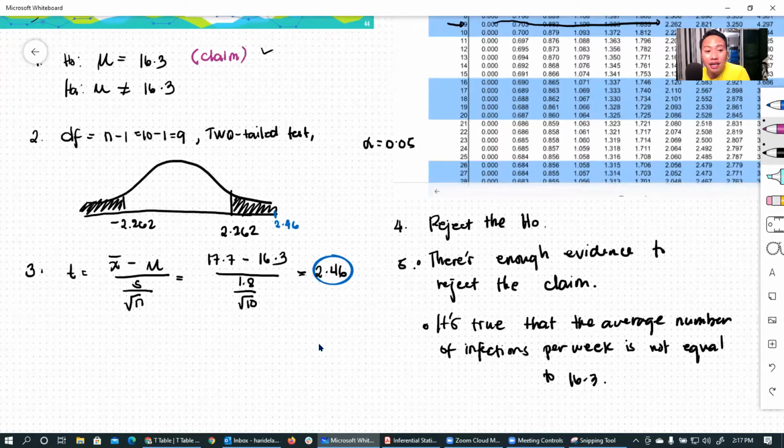So these are two things that you can state as your conclusion.